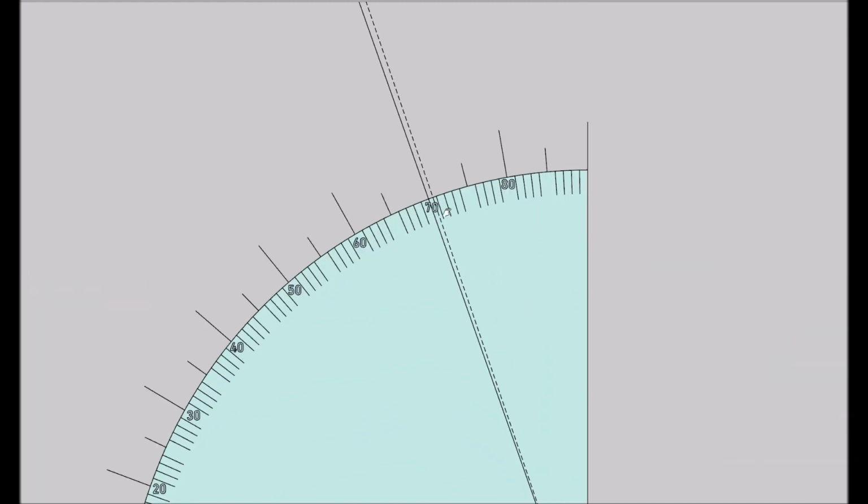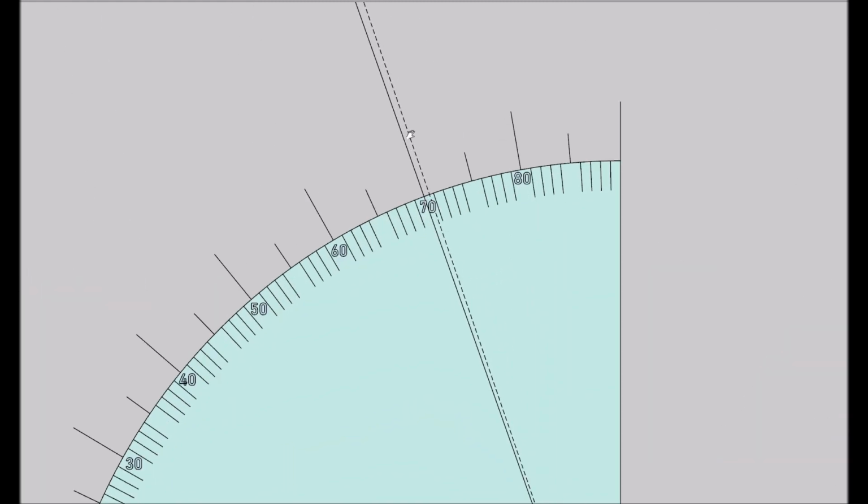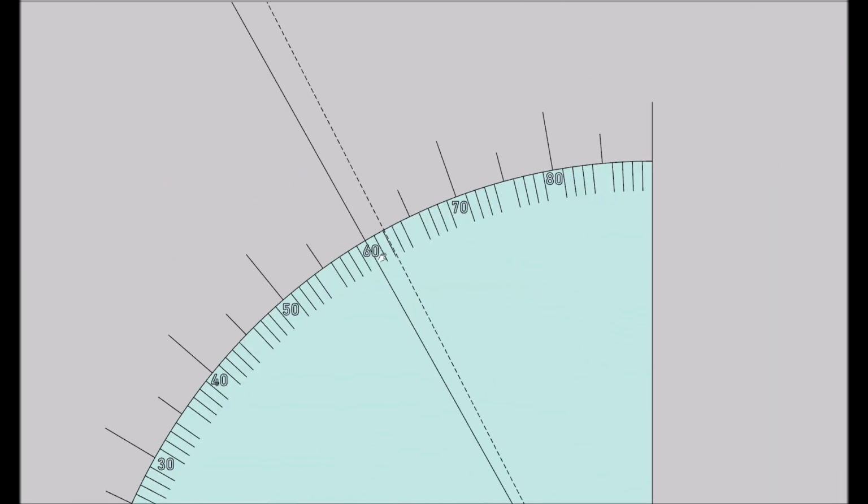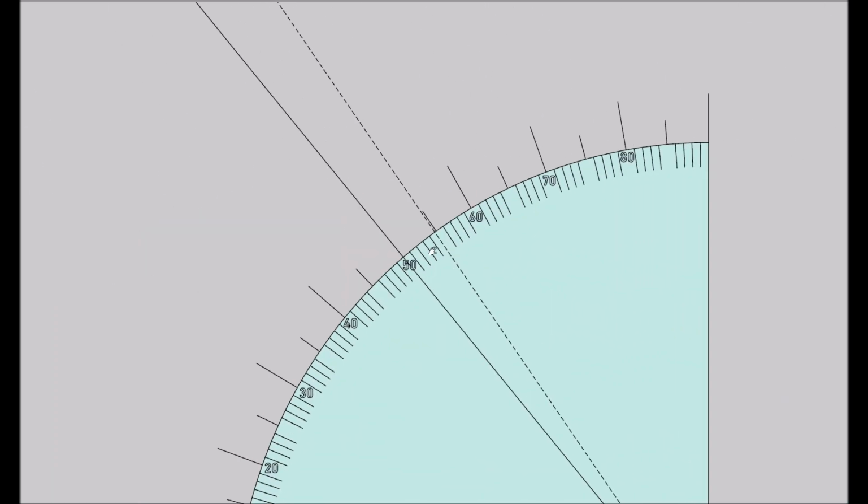Let's move over to the next one. We've got the dashed line diverging by a little less than a degree from the 70 mark. And then we get to the 60 and we're at 62 in a little bit. And then instead of 50, we've got almost 55 degrees.